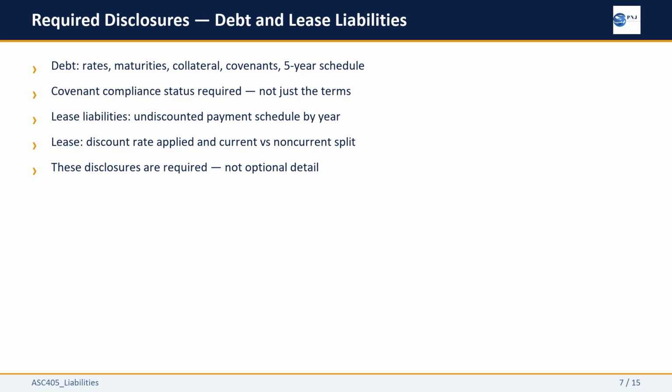Auditors will specifically look for that. For lease liabilities, you lay out the undiscounted future payment schedule, the discount rate applied, and the carrying amount split between current and non-current. This level of detail is required under the applicable standards and forms the basis for a lot of the questions your auditors will ask.